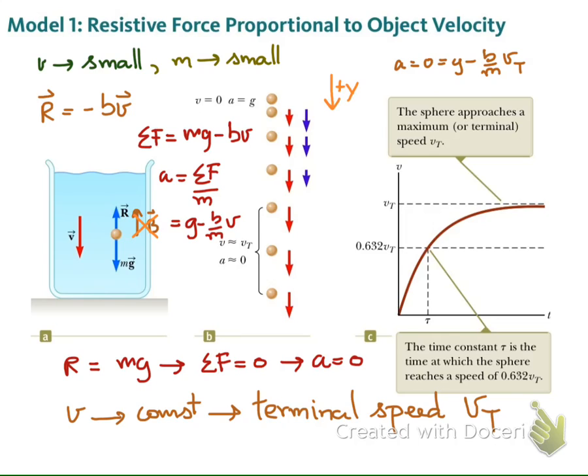So we have that v_t is equal to mg over b. So this is the value of the terminal velocity or terminal speed.